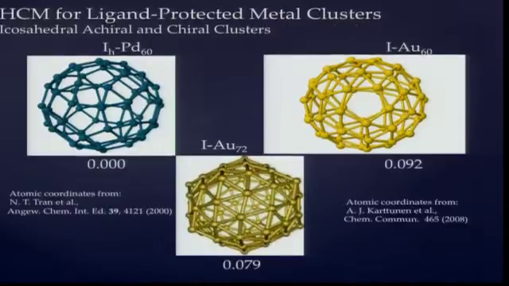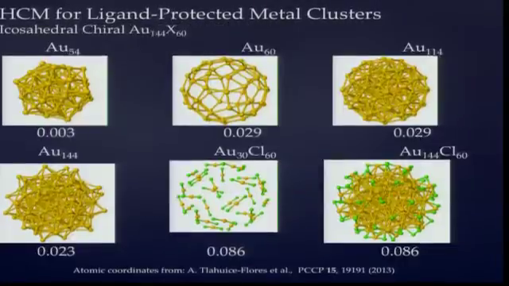But when you build a cluster to explain the ubiquitous gold 144 cluster, or any of its derivative forms, you end up with a much larger number, 9%. So you want to break that down. The inner core of this is icosahedral shell packing, but it's achiral.